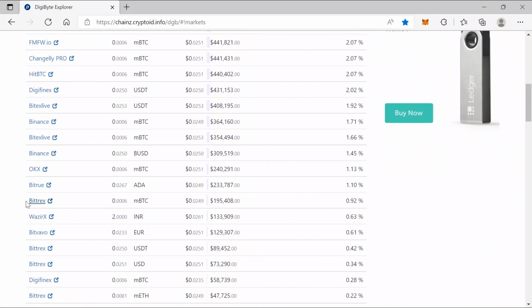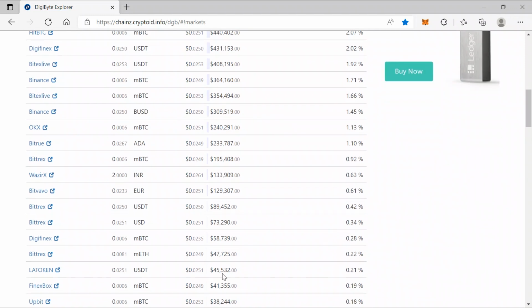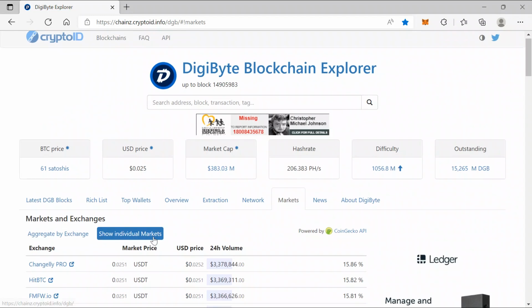I can also find Bittrex, which has only done less than 1% of the market, which is kind of crazy considering we know that they hold a significant amount of coins. But you can see we got 1% here and a little bit down here too, so probably around 2% of the total market that is reported at the very least.